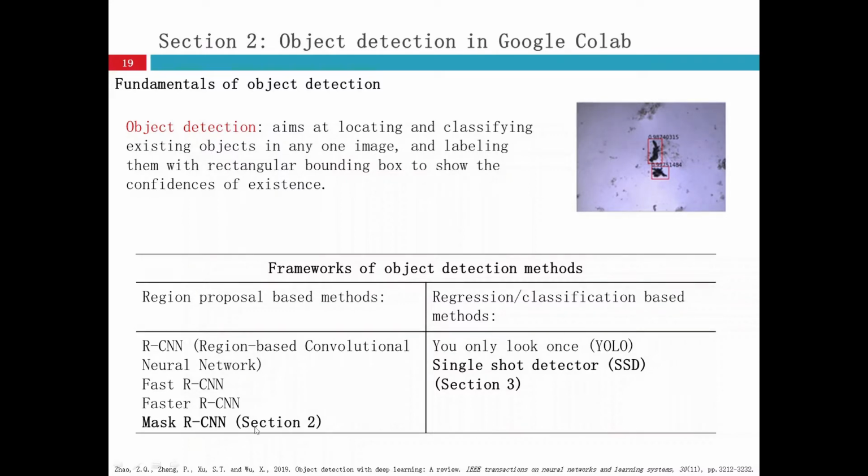We will talk about the basic principles of Mask RCNN and how to implement it in this section. The second method is the regression or classification-based methods. You have the framework of object detection called You Only Look Once, or YOLO, and the Single Shot Detector, or SSD. We will take you to look at this Single Shot Detector in Section 3.